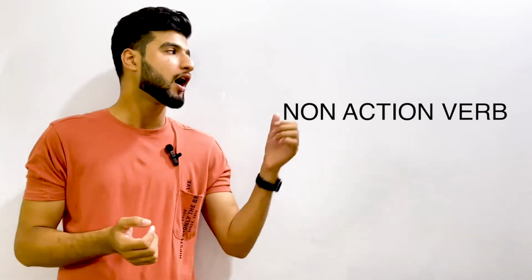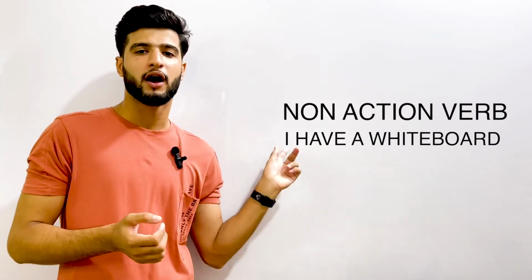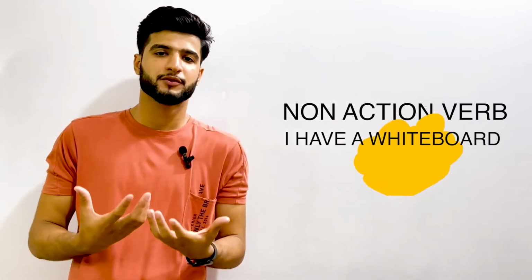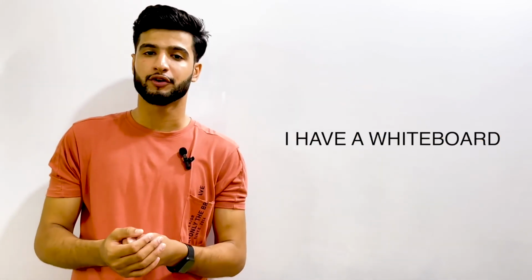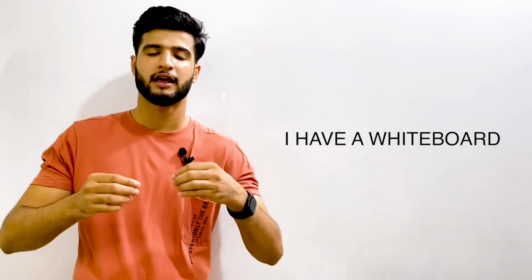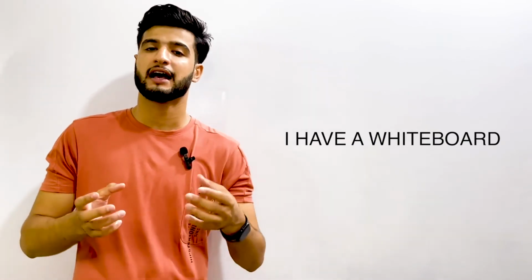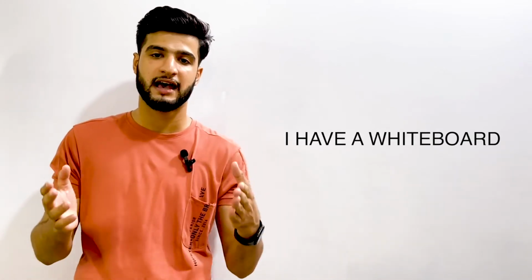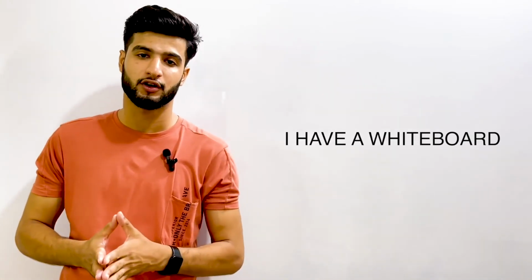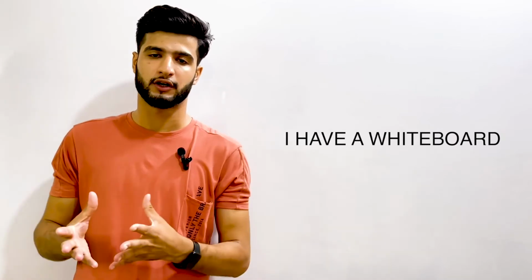For example, I have a whiteboard. Now, the whiteboard, that is my position. I have a mobile. Everyone has a mobile, right? Or you have a notebook, right? Now, every student has a notebook. That is your position. And position can be shown with the stative verbs, which are have and has. Has for the singular and have for the plural.